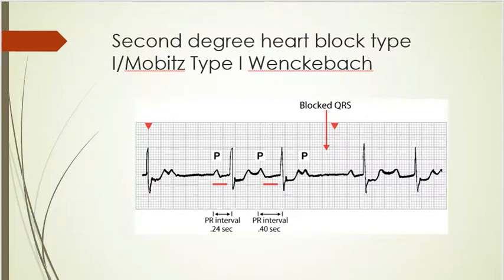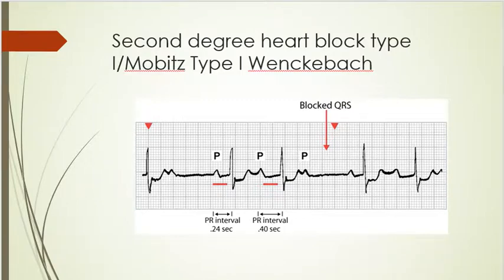Now with the second degree block type 1, or Mobitz type 1, or Wenckebach, we do have a little bit higher degree of a block. Of course, if this has moved from a first degree to this, then we start to get concerned.